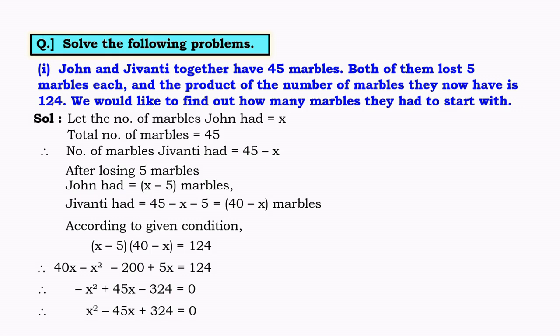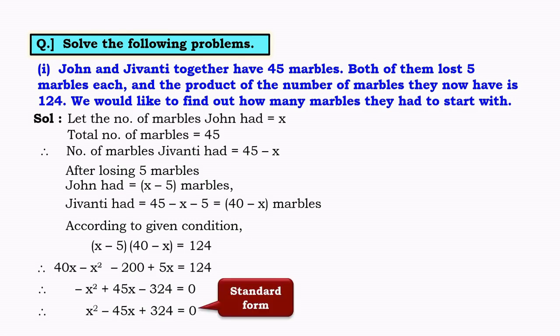Combining like terms, we get negative x squared plus 45x minus 200 equals 124. Bringing all terms to one side gives negative x squared plus 45x minus 324 equals 0. Multiplying by negative 1, we obtain x squared minus 45x plus 324 equals 0.